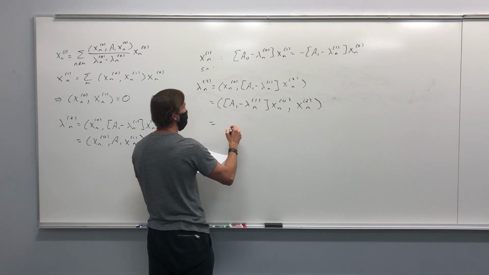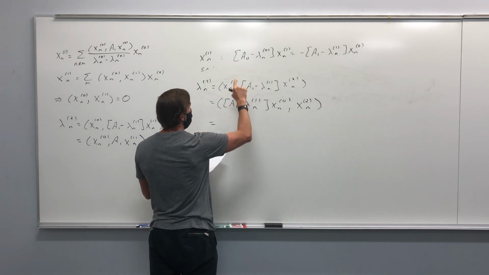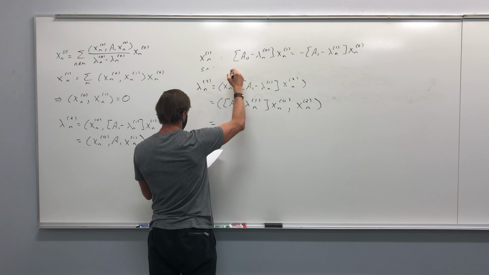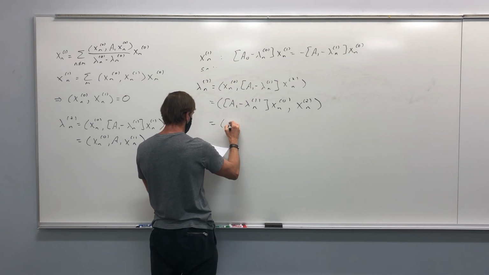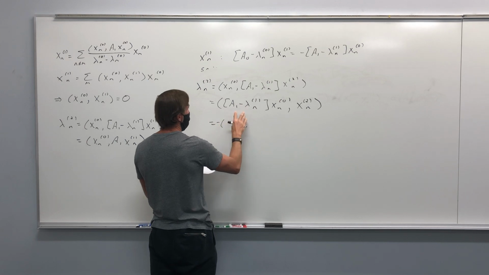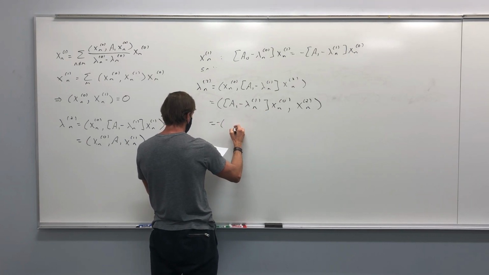And then we can use the expression that is analogous to this, but to higher order. I'm just going to write the result because I don't want to spend too much time on this.